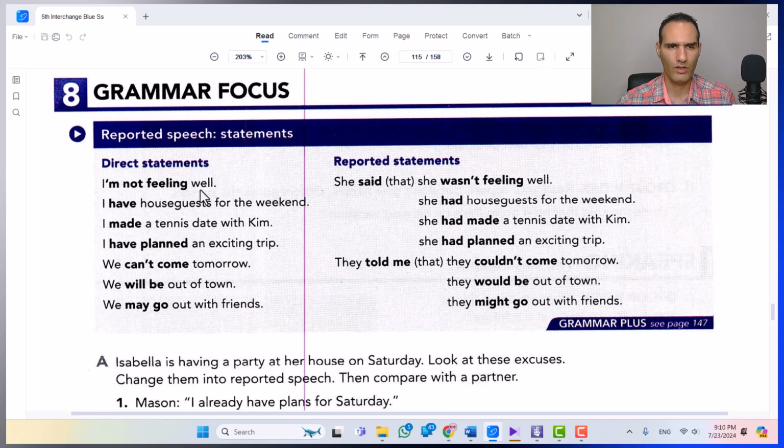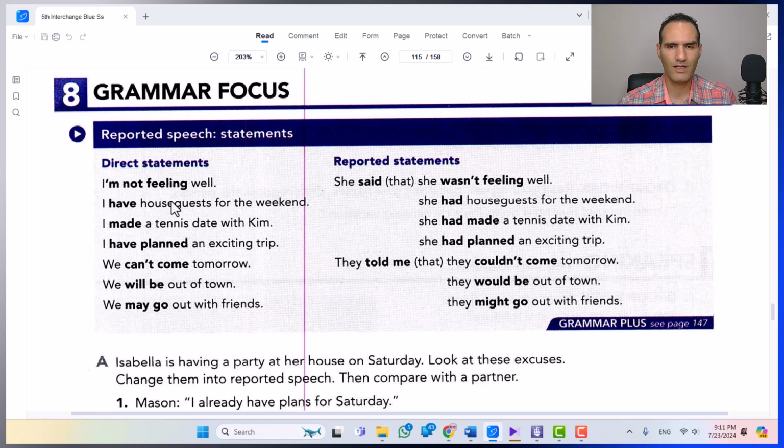So one tense before. I have house guests for the weekend. For example, this is the statement that the teacher said. Mom, the teacher said that she had house guests for the weekend. I have house guests. She had house guests. I, she, have, had.